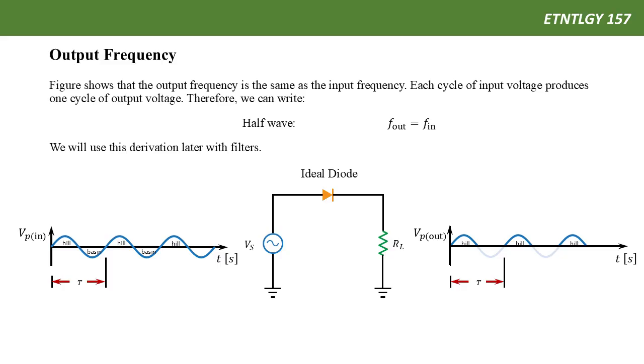The flat ground replaces the original basin area, but the duration is the same. Both take T to complete one cycle. The main difference is that the input goes up and goes down, and the output goes up and goes in a straight line. So we conclude that for a half-wave rectifier, the output signal's frequency, F out, equals the input signal's frequency, F in.